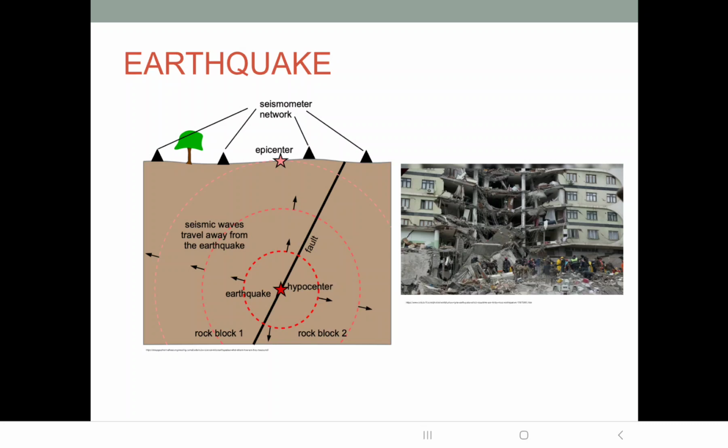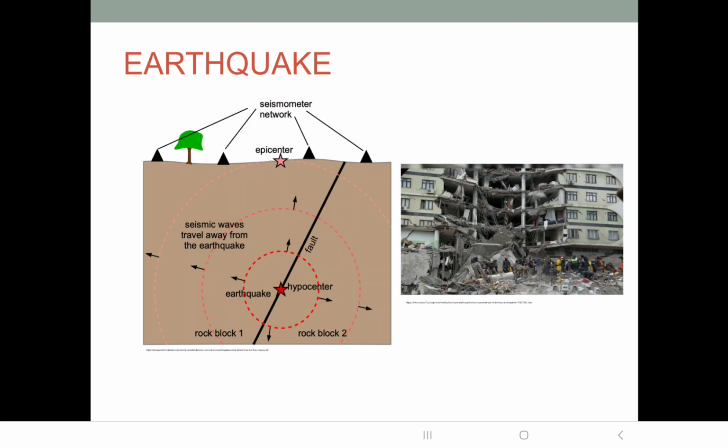Now see a place on the surface, you see another star which is yellow in color. It is just above the focus, and it is on the ground surface. So it is a spot present just above the focus or the hypocenter, and this is known as the epicenter of the earthquake.